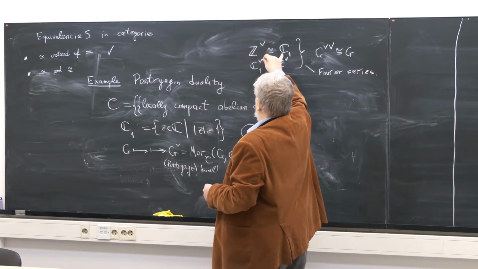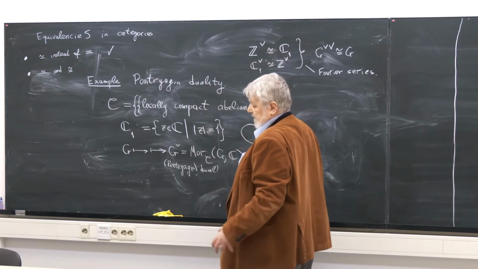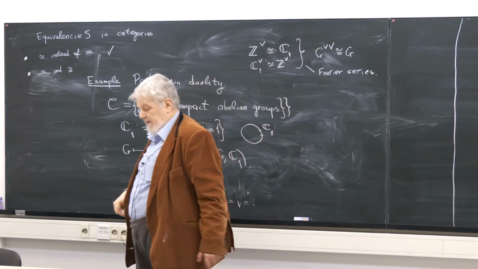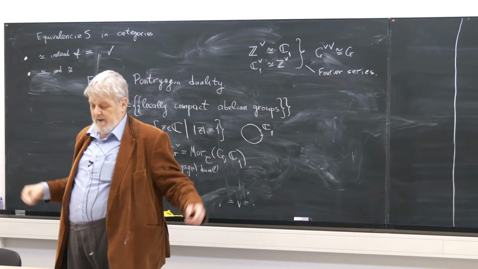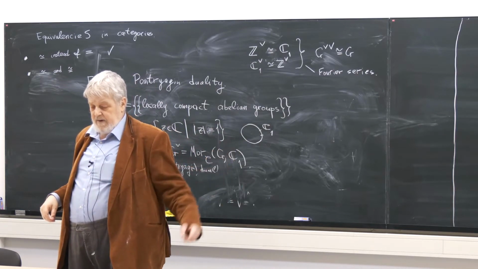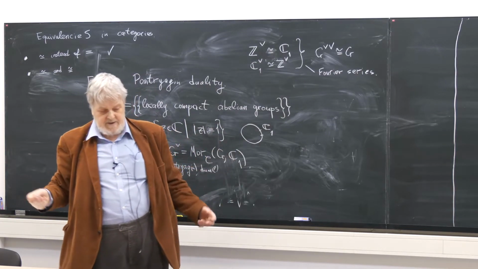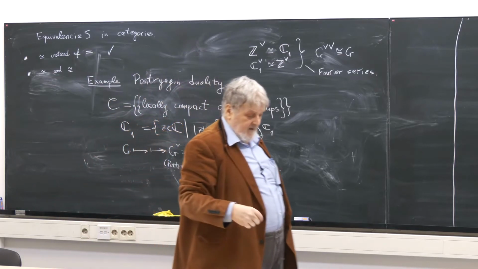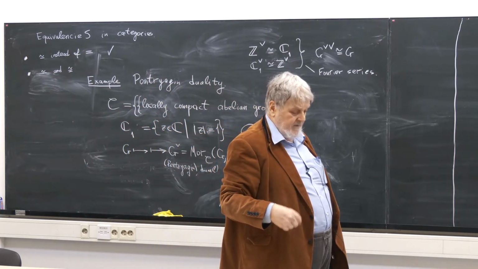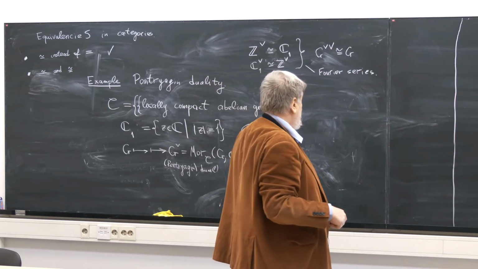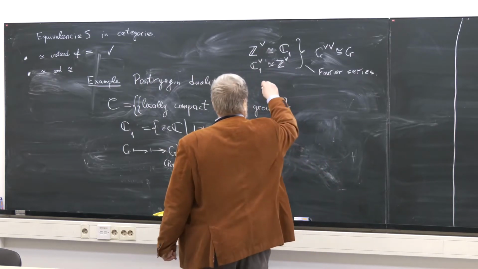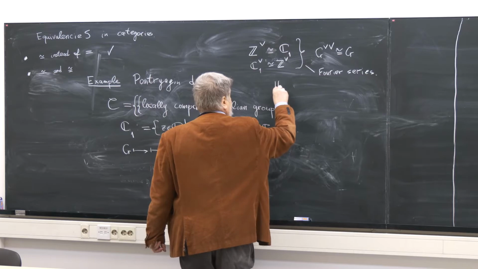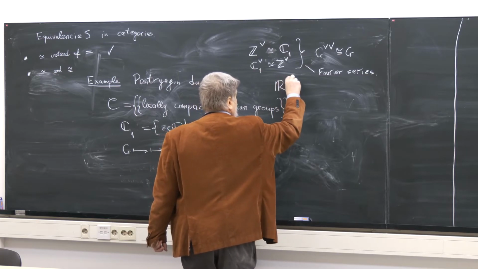Basically, a function on a circle is a periodic function on the real line, and the Pontryagin dual associates to it the set of the coefficients of its Fourier series, and then R is kind of self-dual.